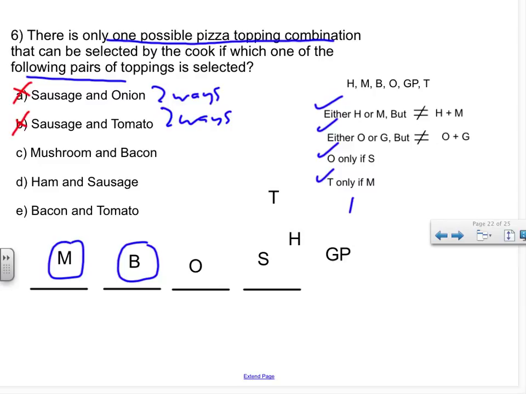Let us try and swap out. What can we swap out? Well, we got O and S to play with. Let us try changing O with G. I believe that will work.